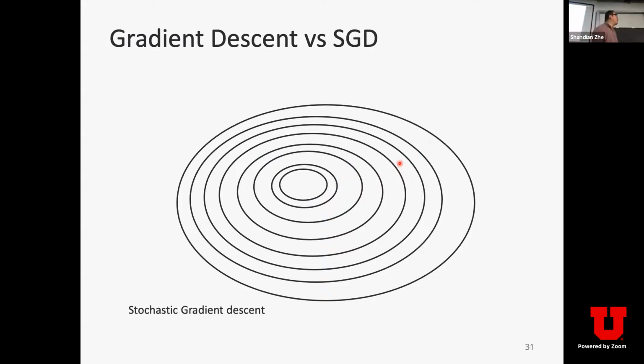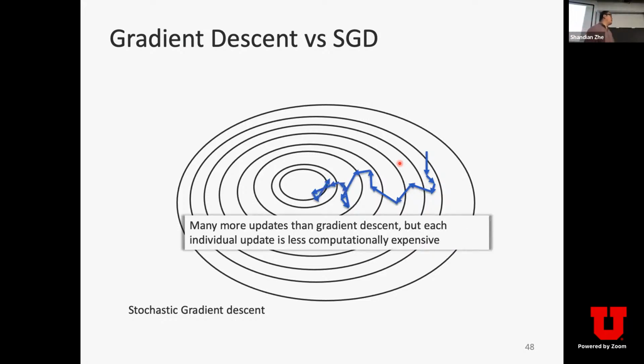Stochastic gradient descent is like you are a drunk driver. You just randomly drive in an arbitrary direction, and then randomly drive in another direction, and another direction. Although it looks like every time you're driving randomly and without correct guidance, amazingly, it is guaranteed that eventually you're still going to arrive home.